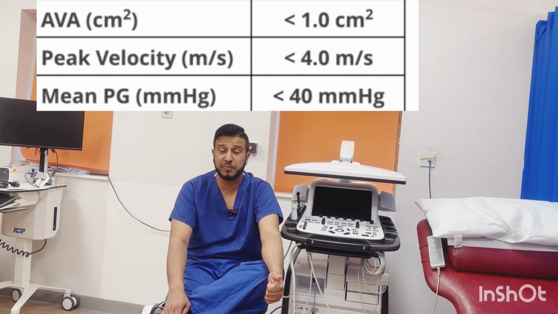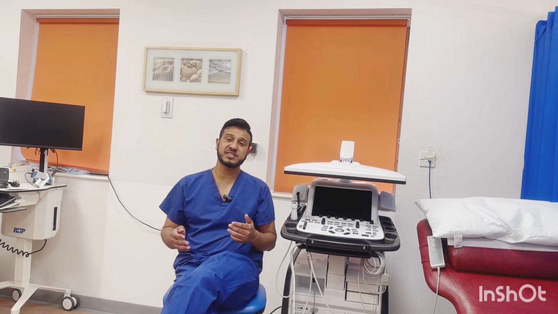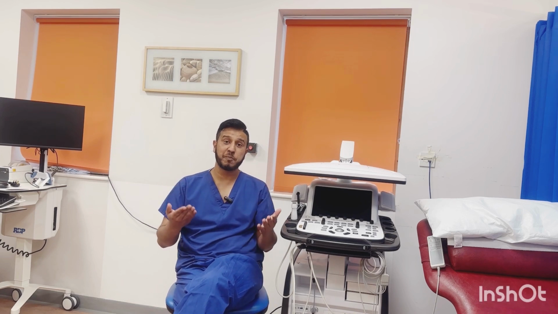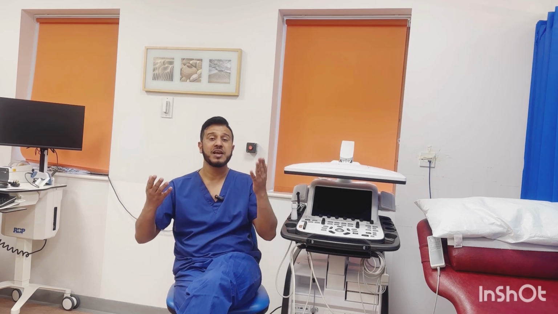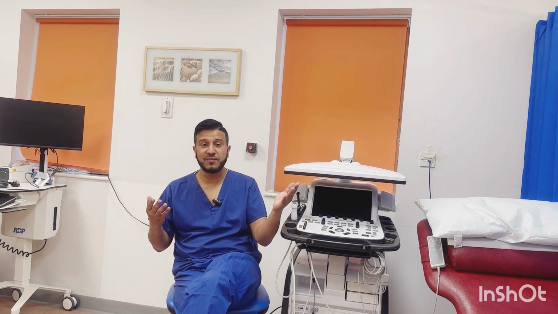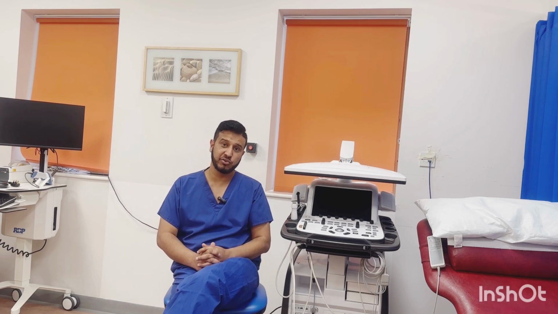We have a peak velocity of less than 4, again not suggesting severe aortic stenosis, but we have a valve area of less than 1, which is suggesting severe aortic stenosis. So now we have a discrepancy between our parameters. Gradients are suggesting a moderate or maybe mild aortic stenosis, but our valve area is suggesting that this is severe aortic stenosis.